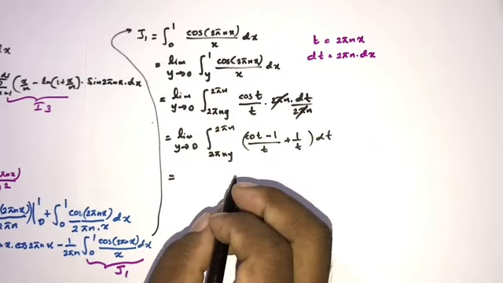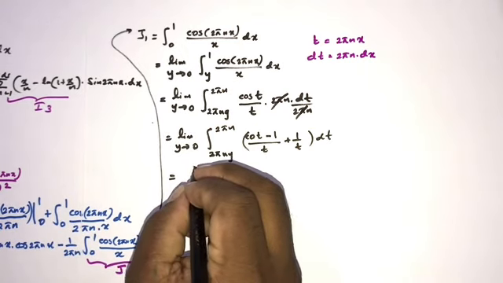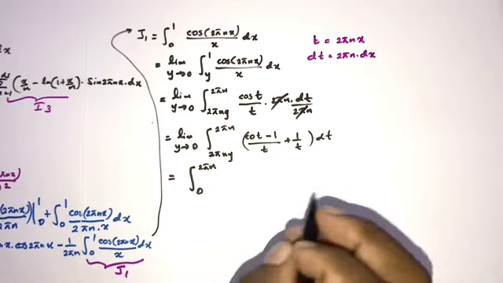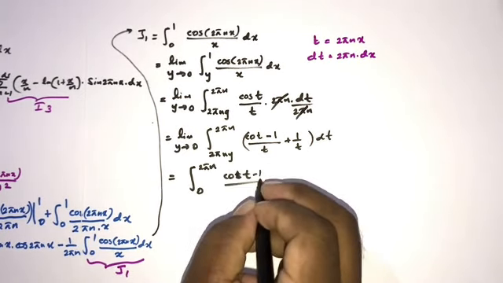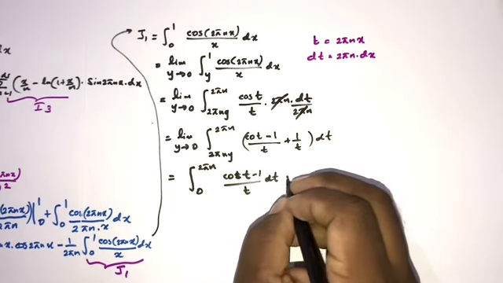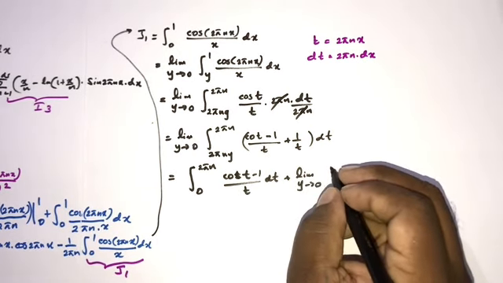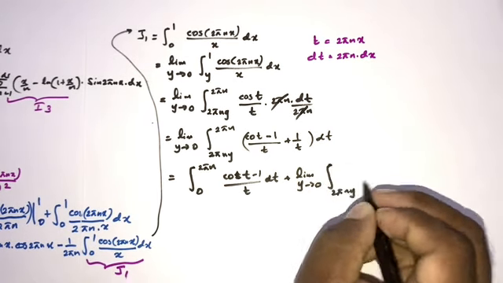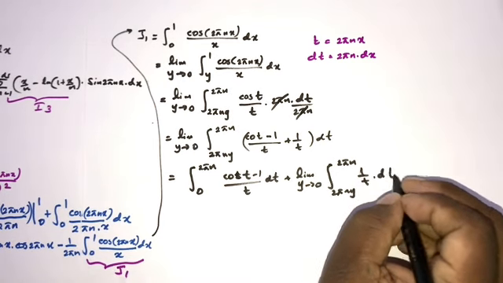Okay, then here we can write the integral from 0 to 2 pi n of cosine of t minus 1 over t dt, and for this part plus the limit as y approaches 0 of the integral from 2 pi ny to 2 pi n of 1 over t dt.